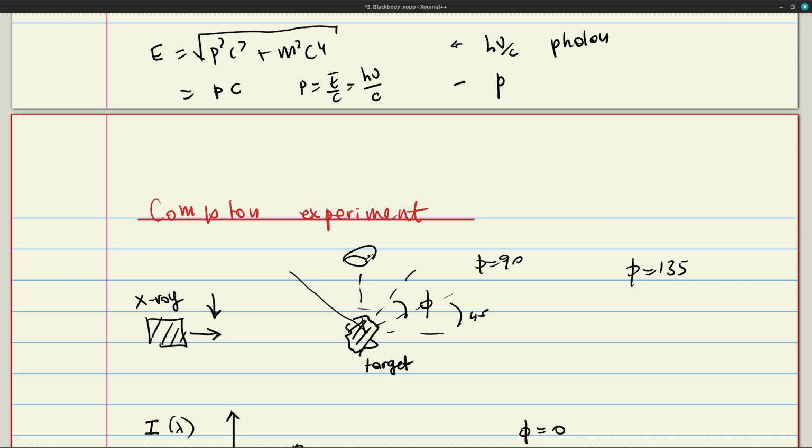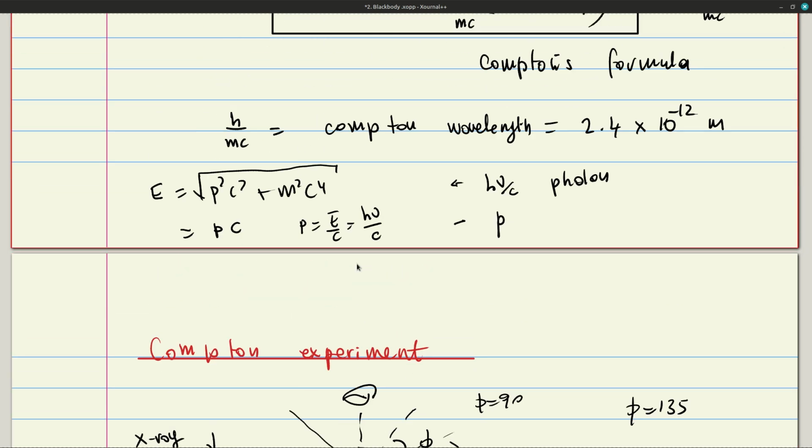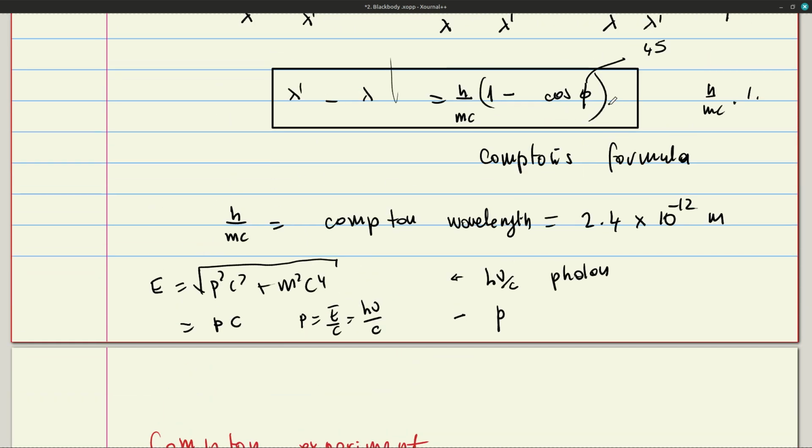For this, I put a detector. By comparing what I sent with what I got, I obtain the Compton scattering. And the Compton scattering only knows about angle, and there's nothing else. Of course, there's this Compton wavelength. And because the experiment matches this, we say that we are actually seeing Compton scattering in this experiment.